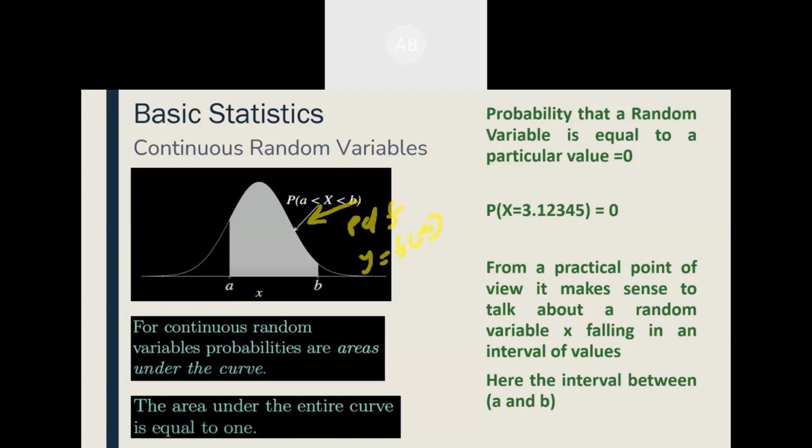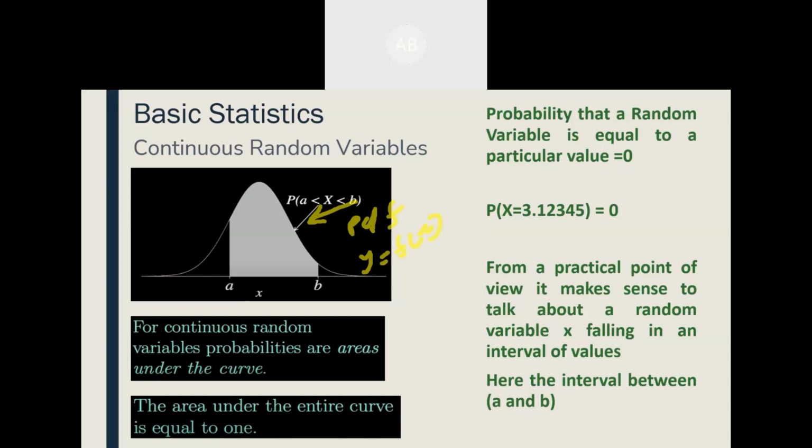As you see, the probability of A less than X less than B can be found. For continuous random variables, probabilities are actually areas under the curve. So the area under the entire curve will be equal to 1.